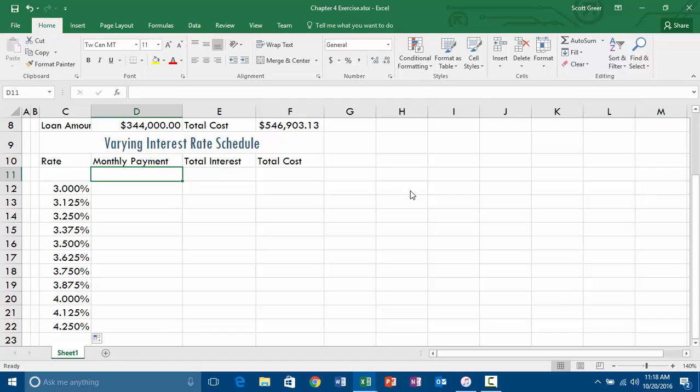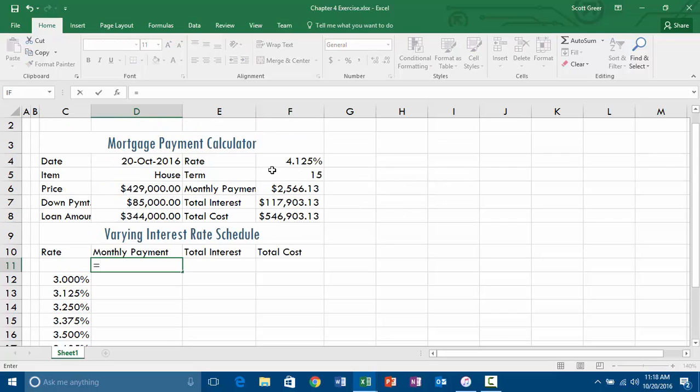So with D11 active, we're going to say this equals F6. So this is our monthly payment, equals F6 or monthly payment. You can type in either one. So D11 equals, and just click on F6, or you could type F6.